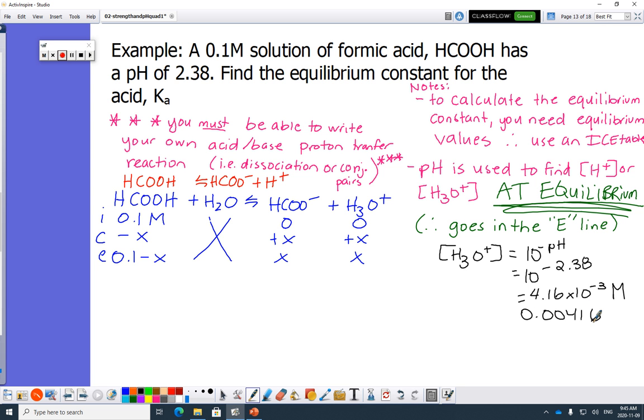It doesn't matter. Whatever your calculator does is fine. Okay, so given the pH, it is going to be our X value. This is also X, so it's the same. And then this, we just subtract.